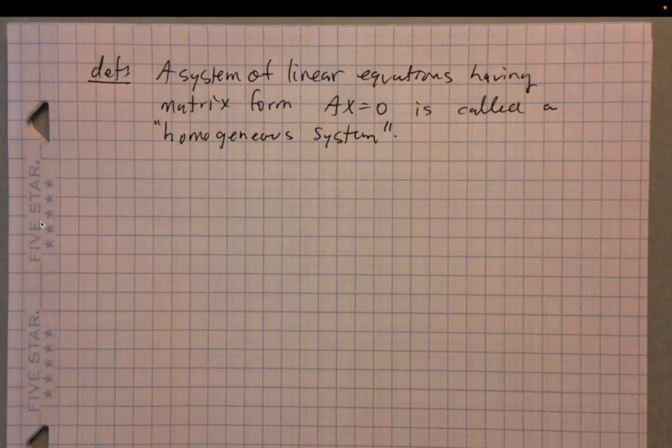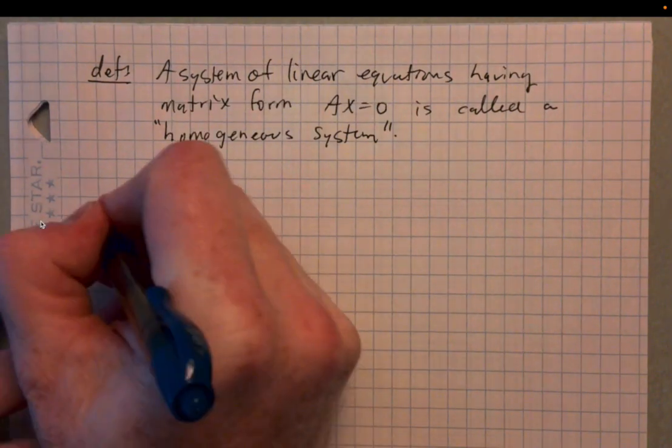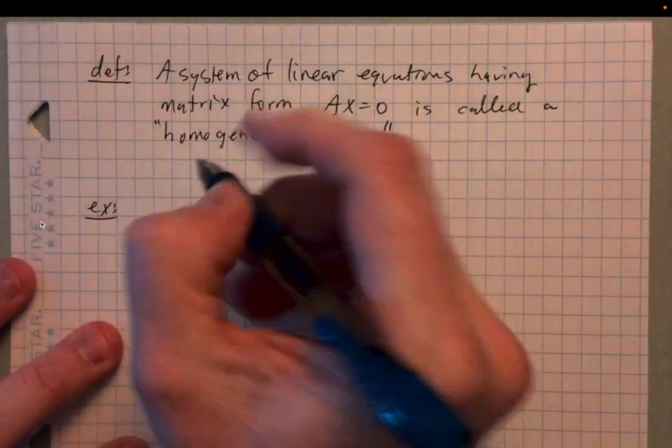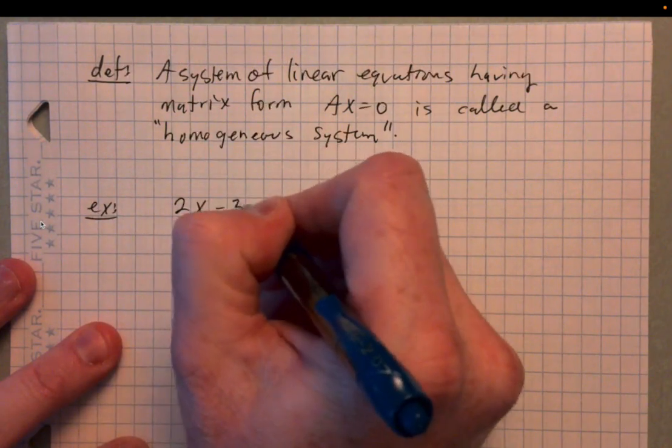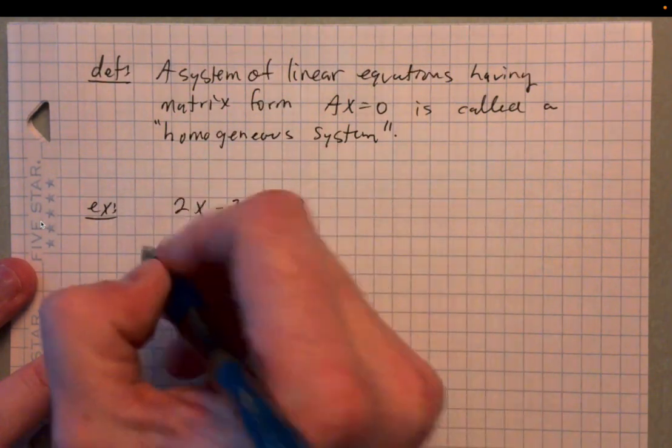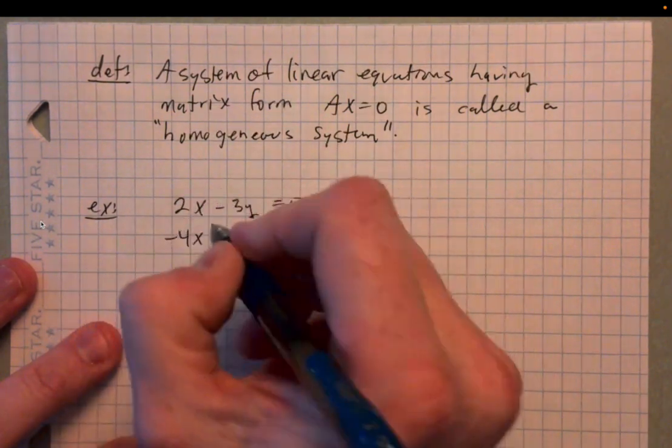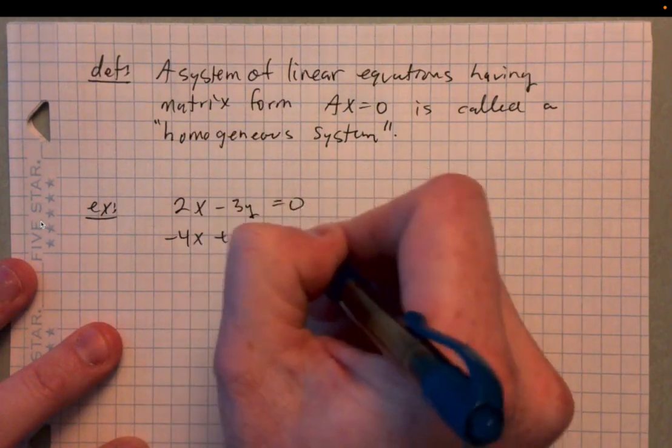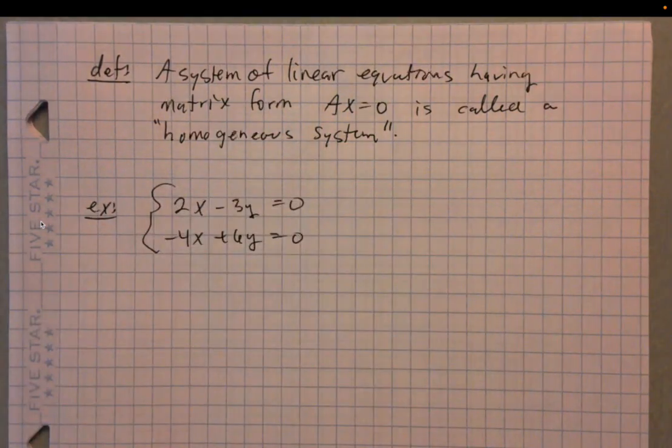Okay, so a system of linear equations having matrix form AX equals 0 is called a homogeneous system. All right, so a couple of examples here. So maybe 2x minus 3y equals 0, negative 4x plus 6y equals 0. That's a homogeneous system.